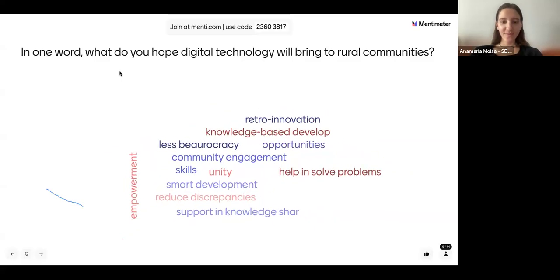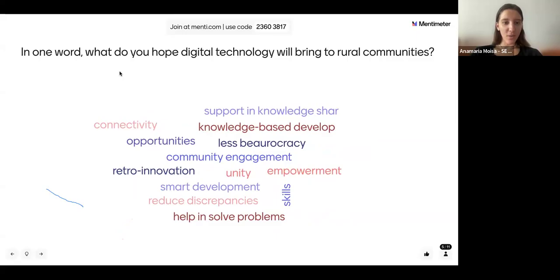Ooh, a lot of ideas. Empowerment, less bureaucracy, opportunities, connectivity, knowledge-based development, supporting knowledge sharing, unity, smart development skills, reduce discrepancies, help in solving problems.